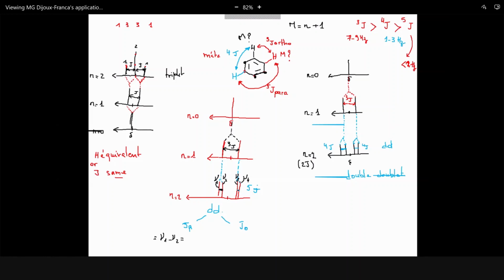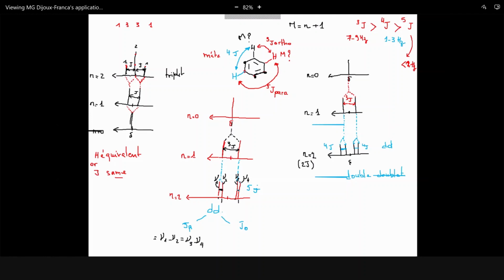And I can calculate it also with nu3 minus nu4. But the J ortho, as you could see, is the big one, and I can find it between this line and this line, or between this line and this line.